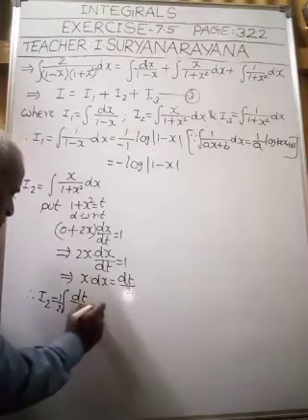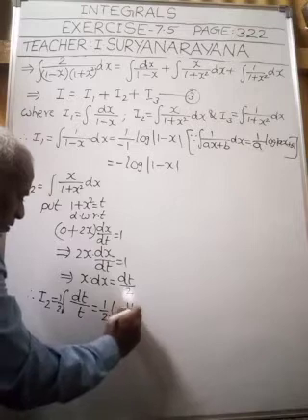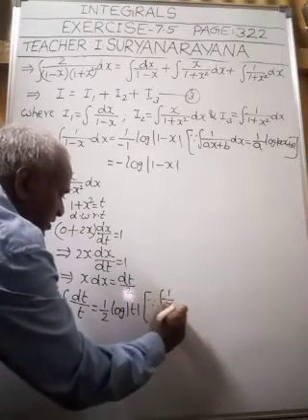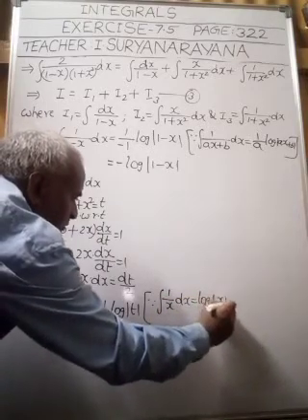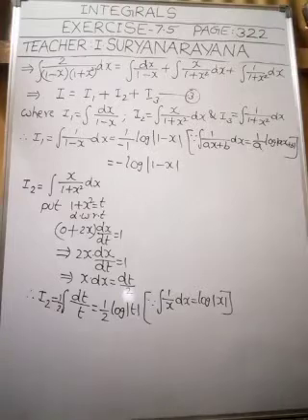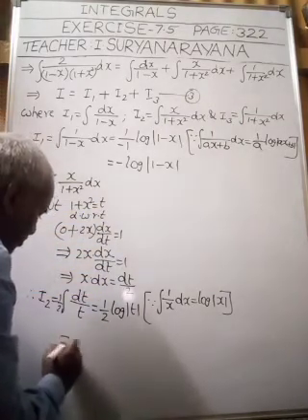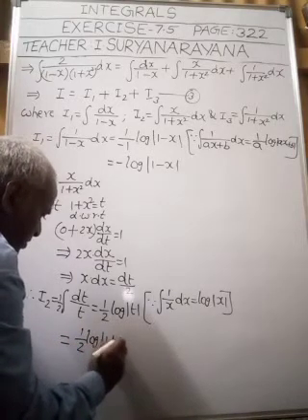That is equal to 1 by 2 into log mod t, because integral 1 by x dx is equal to log mod x. Okay, my children, that is equal to 1 by 2 log mod 1 plus x square.